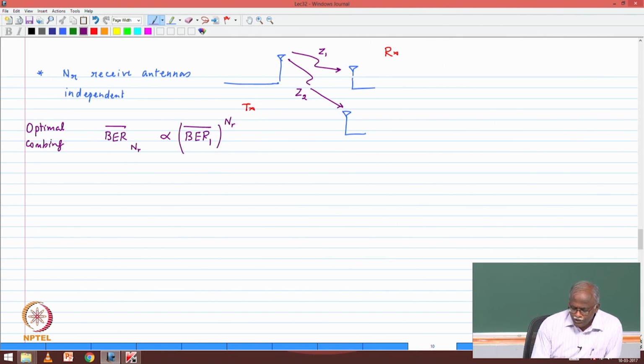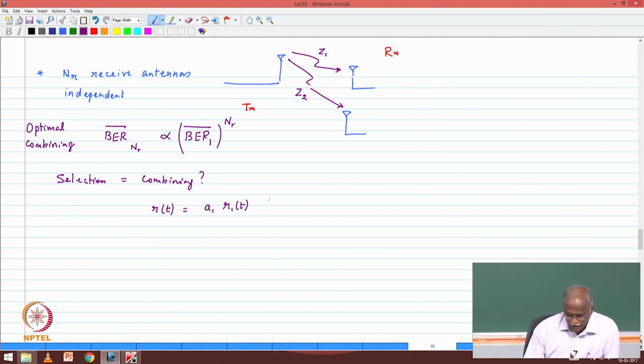Now we use the word combining, but what we have actually done is selection. So is selection a form of combining? The answer turns out to be yes, because the received signal with diversity is equal to A1 times R1 of t plus (1 minus A1) times R2 of t, and A1 is an element of 0 or 1.